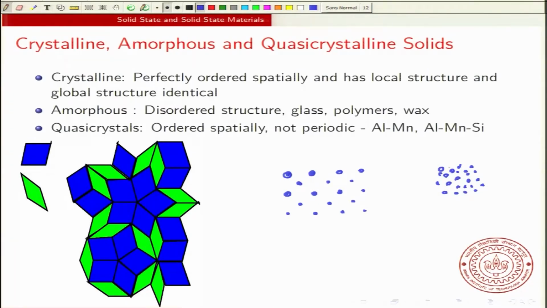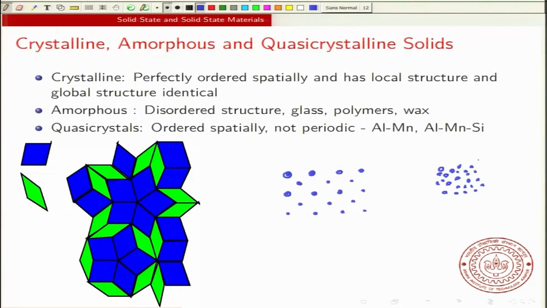Things are very close to each other, the components of the amorphous solid are very close to each other, and so the atoms, if this is made of atoms, are not able to move much. However, there is not much ordering of these atoms. So, it is a solid, but it is not perfectly ordered, and that is what you call an amorphous solid. It is a disordered structure.